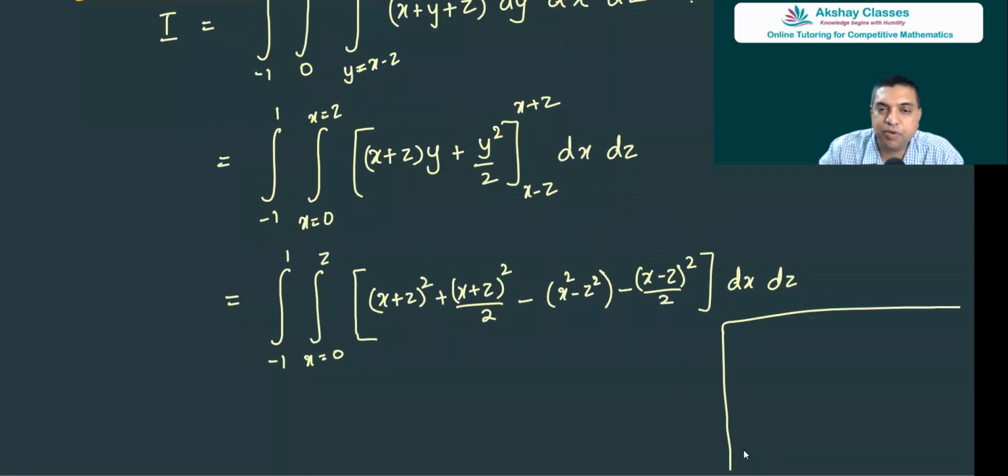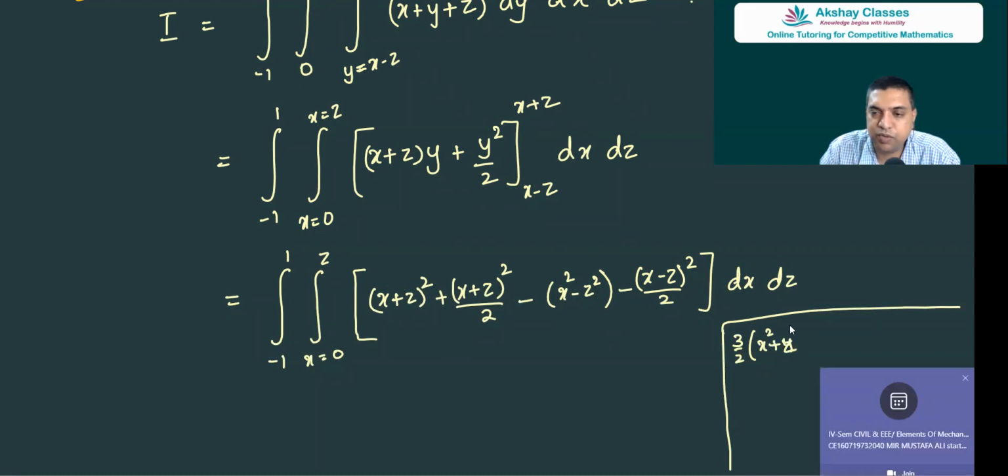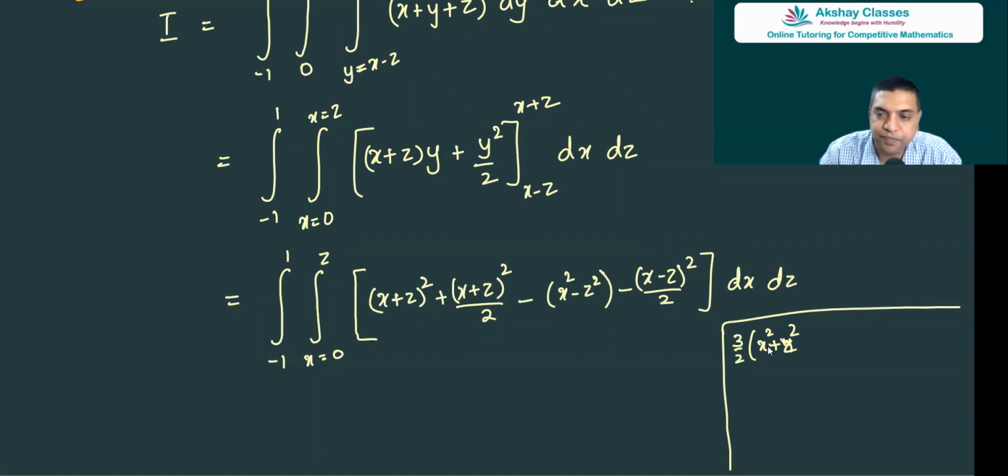So this is 3 upon 2 x plus z the whole square. X square plus z square plus 2xz. Now minus x square plus z square. Then minus x square by 2 minus z square by 2 plus xz. This term.